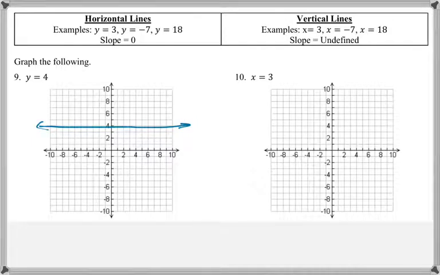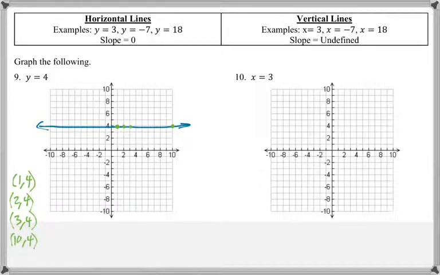Now, one of the explanations for why this is a horizontal line through 4 is if you actually just look at some of the points. So let's look at this point, which is 1, 4, and then the next point would be 2, 4, and the next point would be 3, 4, and then if you go out to 10, that would be 10, 4.